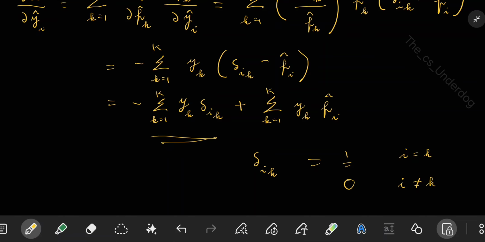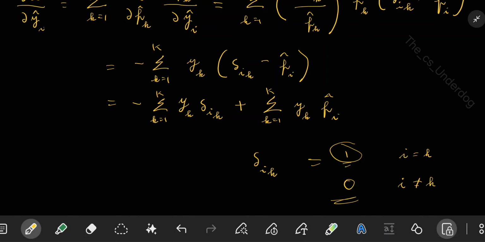This is the scenario. If you sum this over all the values of k, then think what will happen. There will be one particular value for which i will be equal to k. For that one particular value, this del ik is going to take value 1. For all the remaining cases, this del ik will take value 0 and it will cancel out that particular term.